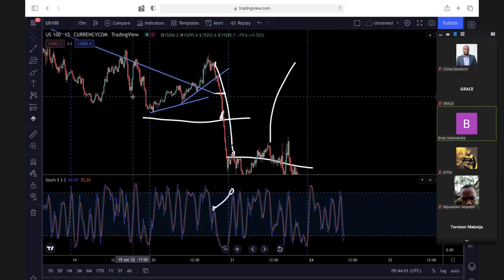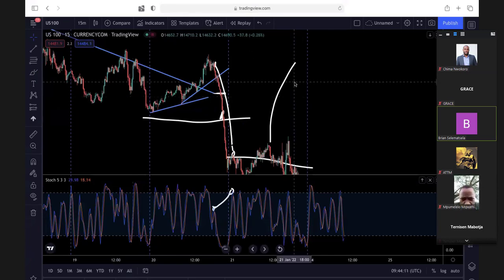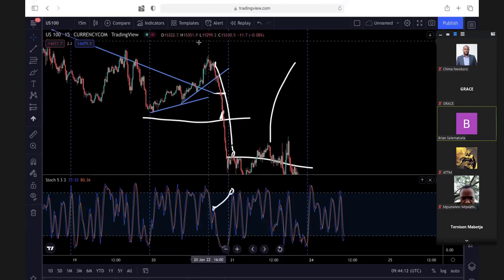Because most people leave it. If it's not going in the direction they estimated, they take everything personal. They feel like the market is against them personally, which is not. You just have to use the same principle you used, but in the opposite direction. Simple as that. So does that answer your question, man?